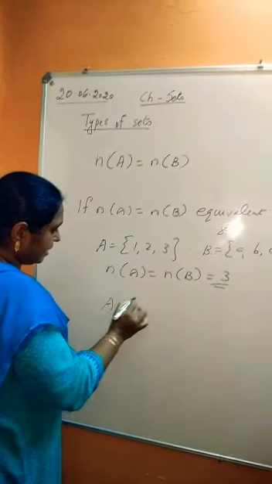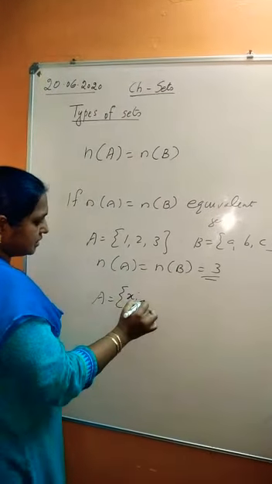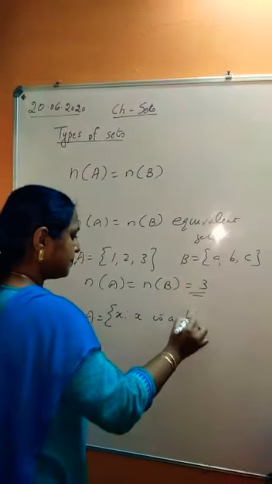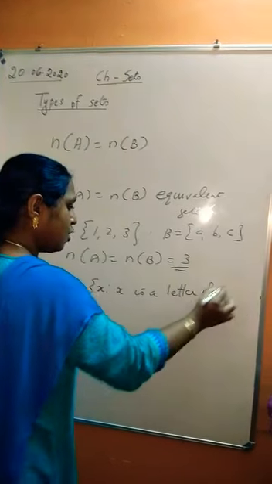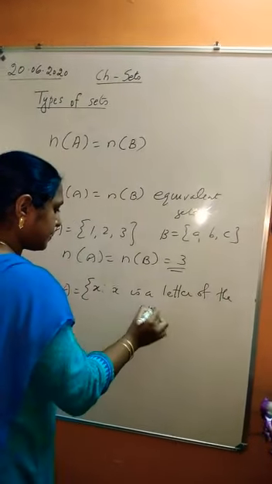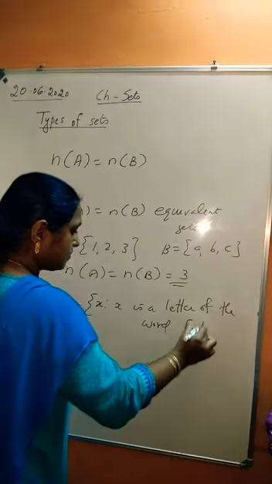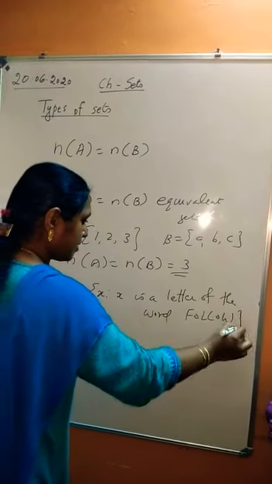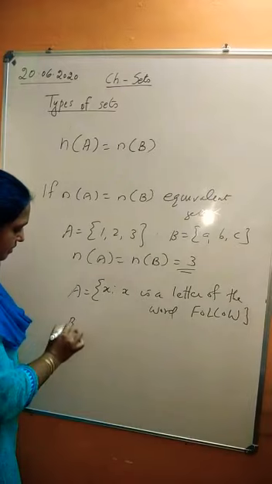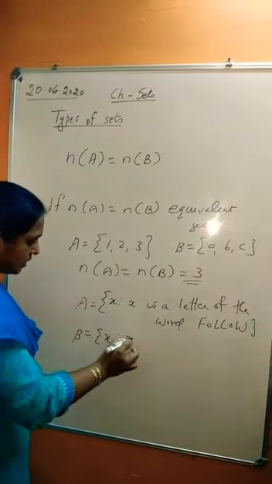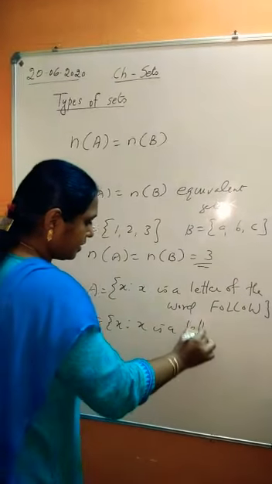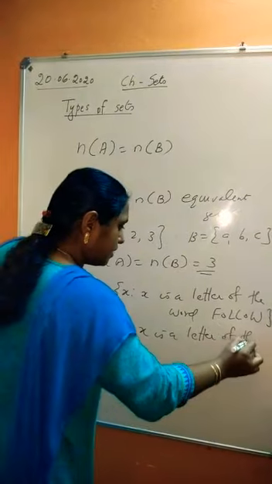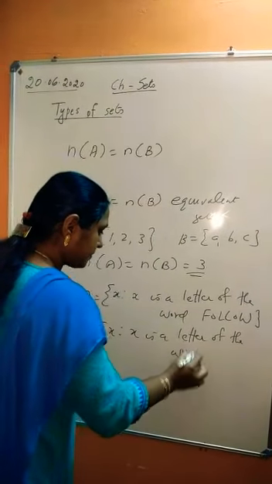That is, A is equal to the set of all x such that x is a letter of the word follow. Then B is the set of all x such that x is a letter of the word wolf.